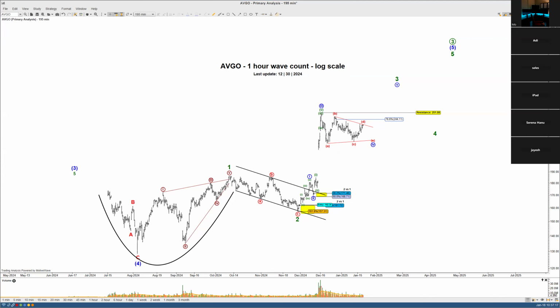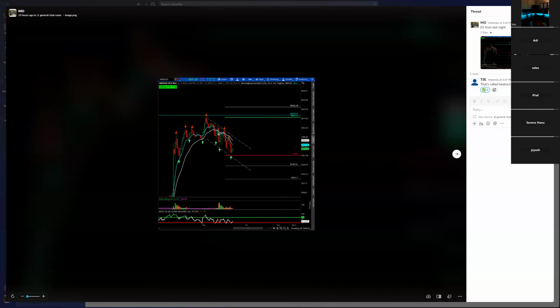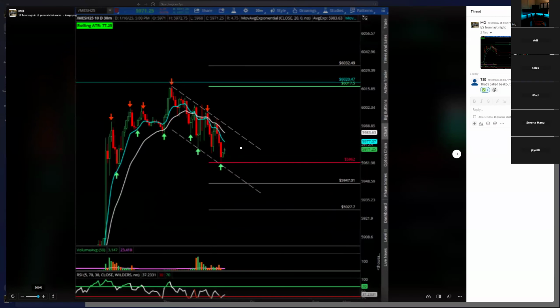Let's see. Yeah, I like these Thinkorswim charts. This was Thursday night. You trade futures as well? Okay. Yeah, just watch these. These are the futures that I do on the ES and the NQ.